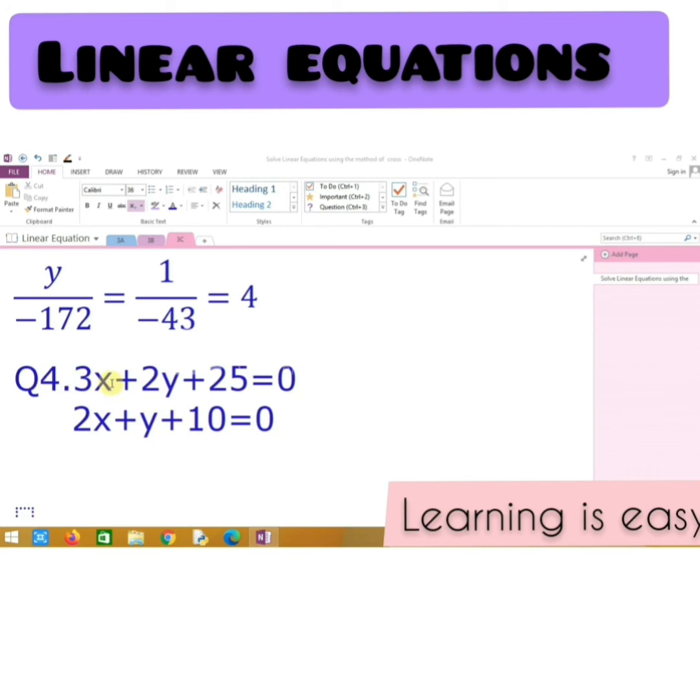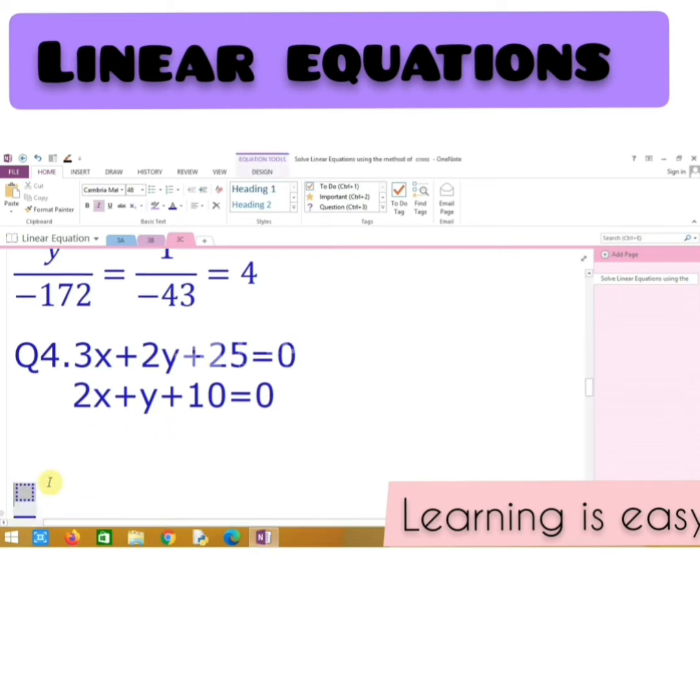Next, question 4. 3x plus 2y plus 25 equal to 0 and 2x plus y plus 10 equal to 0. Solve these two linear equations using cross multiplication. So for the x, we multiply y and constant, 2 into 10, 25 into 1.